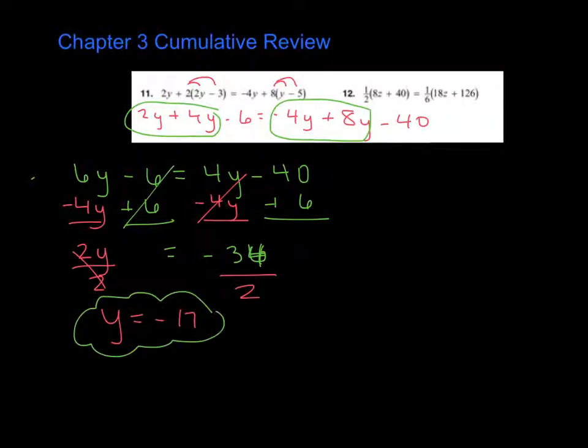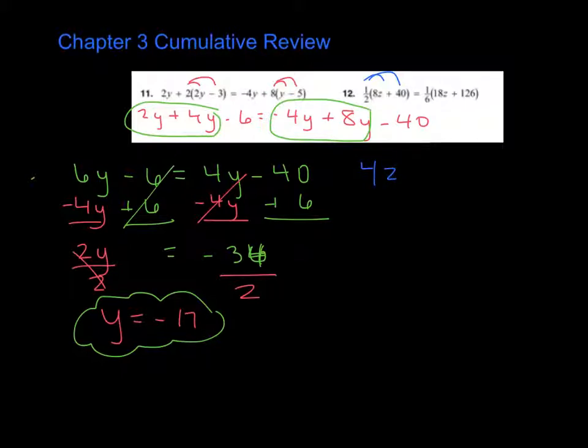Okay? All right, let's go ahead and talk about number 12. Notice on number 12 we have some fractions involved, but we have worked on this and hopefully you're getting a little more comfortable. So when I distribute a half, remember, you multiply the top number, so 1 times 8 is 8, divided by 2 is 4z.